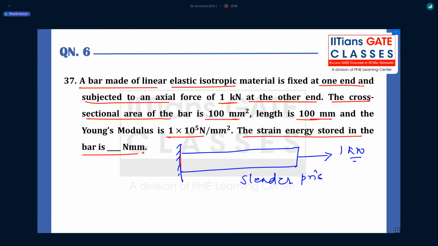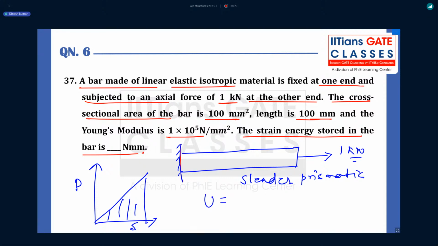Whenever there is a prismatic bar, how do you find the strain energy stored? If you draw the diagram between the load and deflection, P and delta, the area under this diagram is nothing but the strain energy stored in this prismatic bar. So U will be 1 by 2 P into delta.